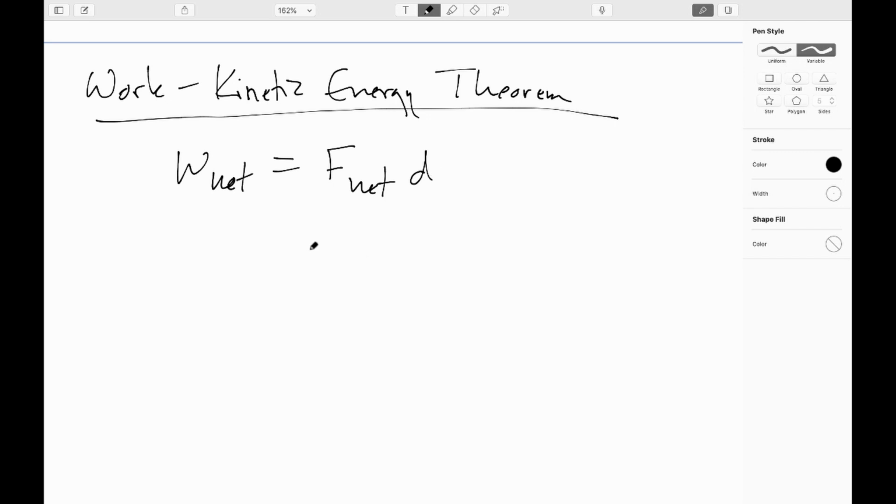We can follow this through from Newton's second law of motion. And remember that this would be equal to mass times, we'll say, the x component of acceleration here. And translating back to the definition of displacement in one dimension, that would be the final position x minus the initial position x naught.